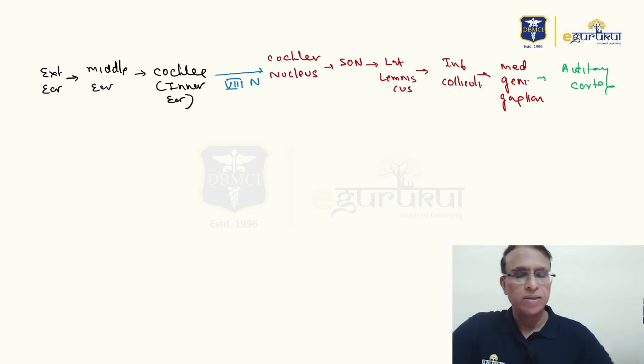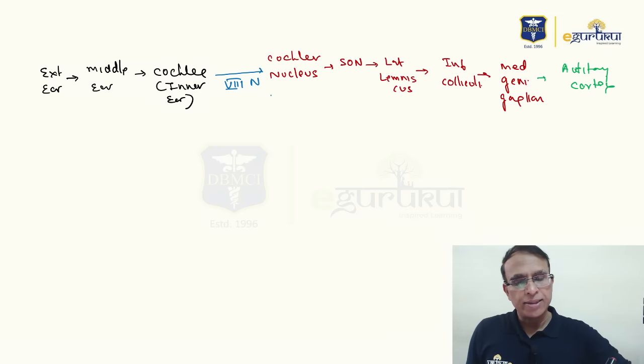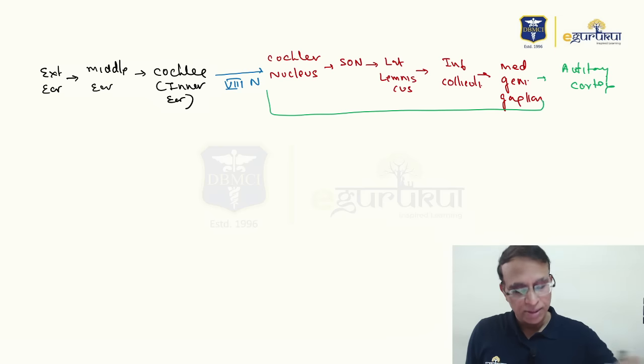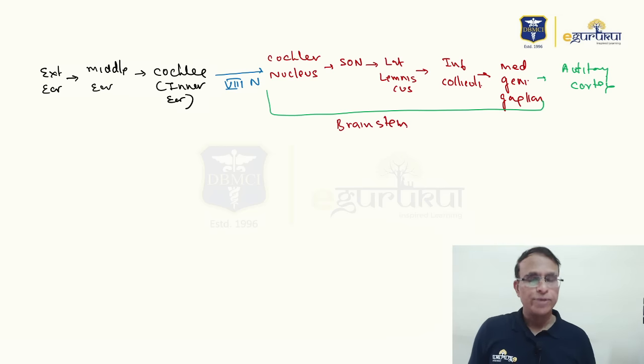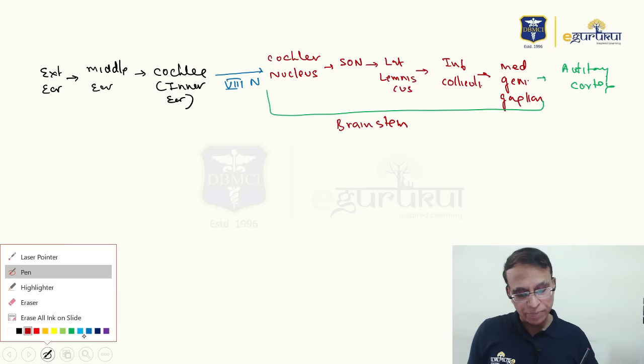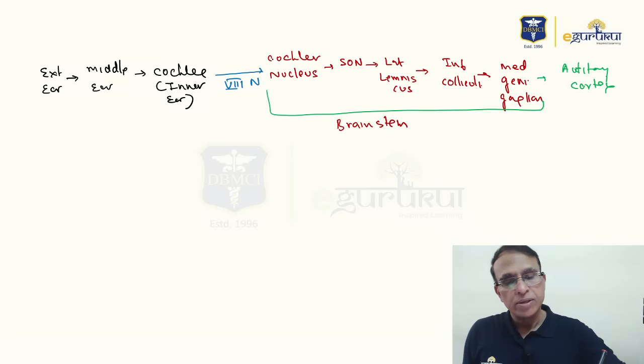So this is the path it takes, isn't it? And this part of the nerve is in the brainstem. It's like a repeat from the app, right? So if you look at this pathway in the brainstem, cochlear nucleus is the first area.